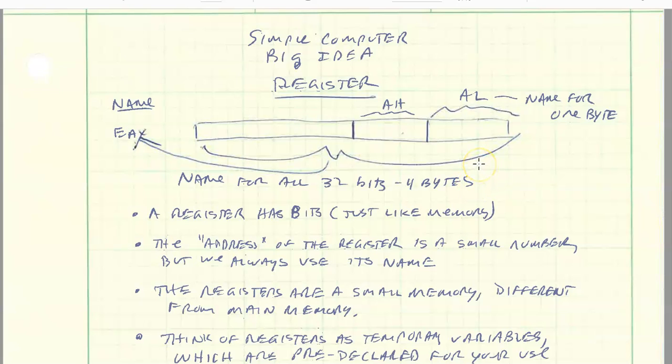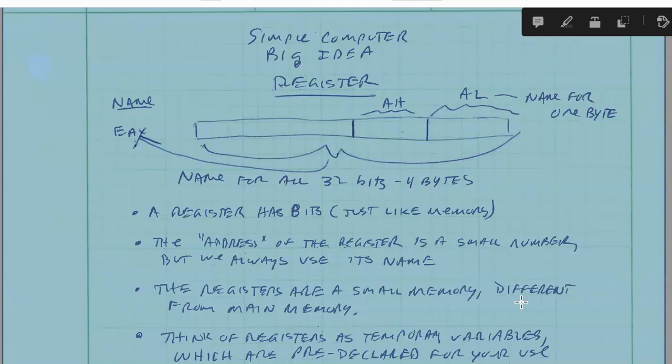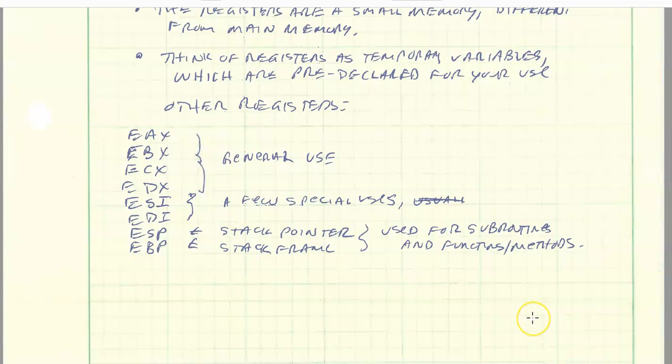The registers are divided into 8-bit bytes. It's a memory, but there aren't that many of them. So here's the general pattern of the names of the registers. 4 of them are for general use.